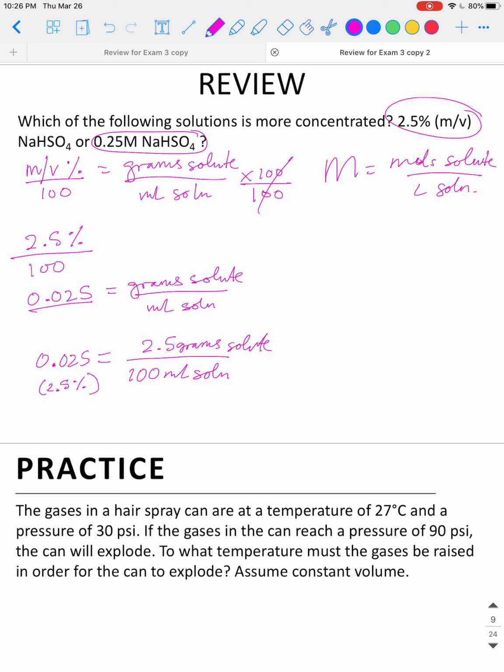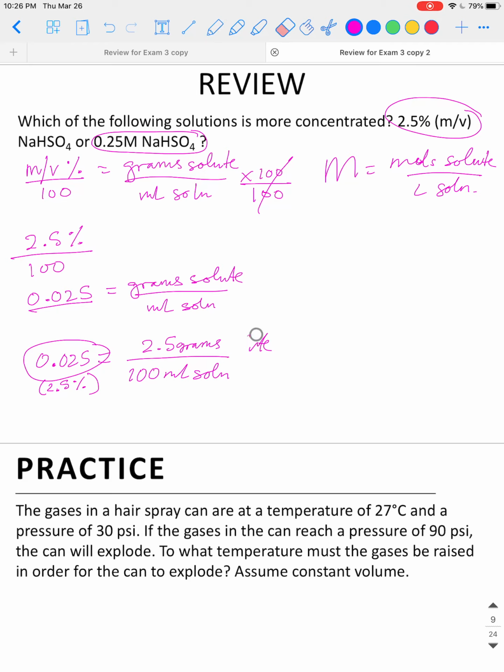So I plugged in my own numbers here, but it matches the mass volume percent we have. You could have plugged in different numbers, as long as the math gives you 0.025. It doesn't matter what these numbers are. Now I want to get this into molarity.